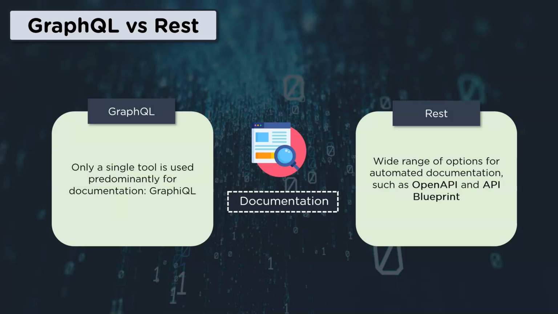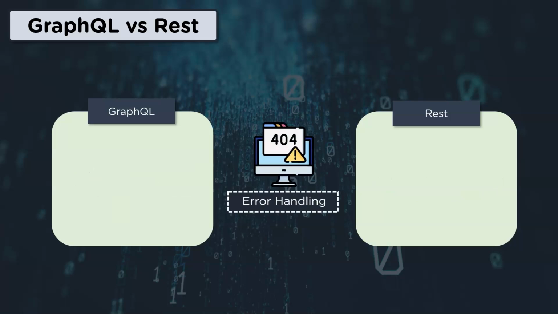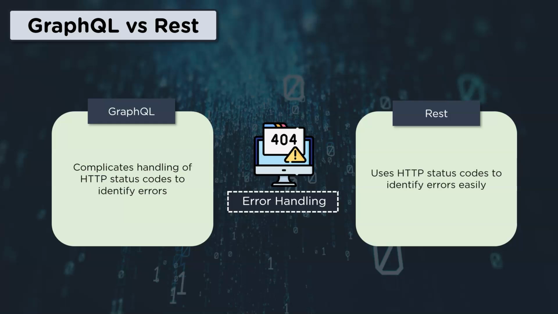It could be OpenAPI or API Blueprint. And lastly, talking about error handling. GraphQL complicates handling of HTTP status codes to identify errors, while in the case of REST, it uses HTTP status codes to identify errors easily. So in simple terms, error handling is a little more complicated in GraphQL compared to REST API.